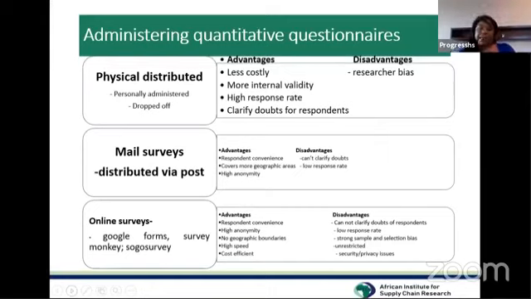When we look at the disadvantages of making use of online surveys, one is that there would be strong sample and selection bias, in the sense that this type of method requires the respondents to have certain equipment, such as laptops, computers, smartphones, or whatever that they can use so that they can access the online survey.